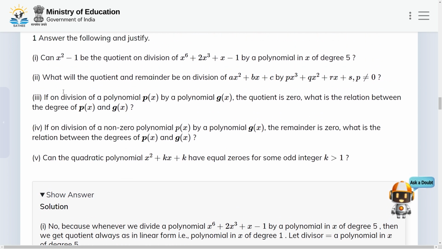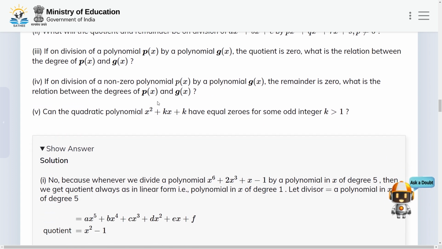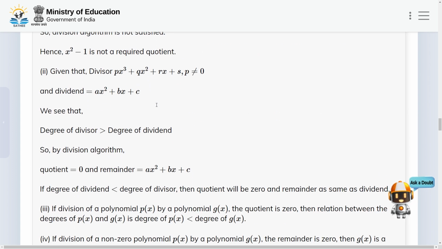So in the next one, if on division of a polynomial p of x by a polynomial g of x the quotient is 0, what is the relation between the degrees of p of x and g of x? Okay, so now let us find the degrees of p of x and g of x.